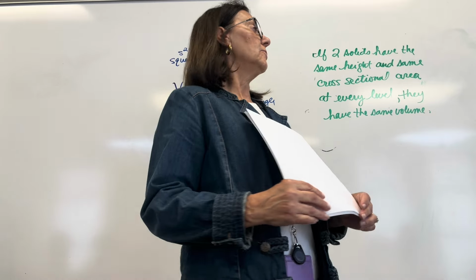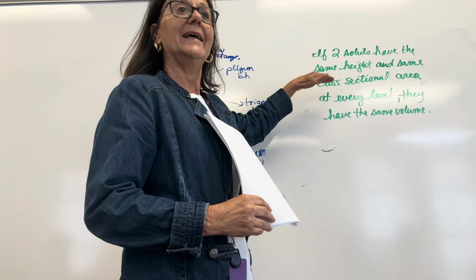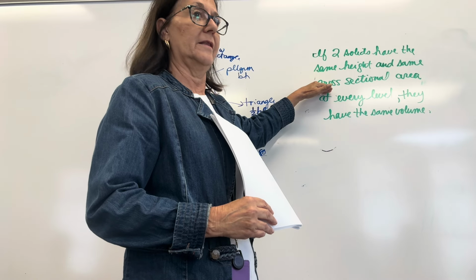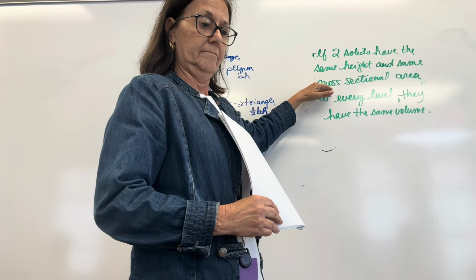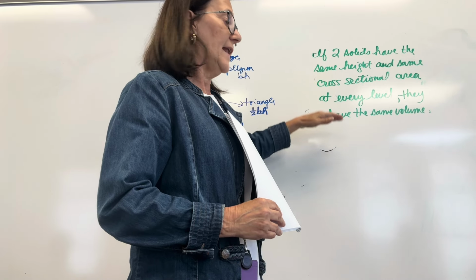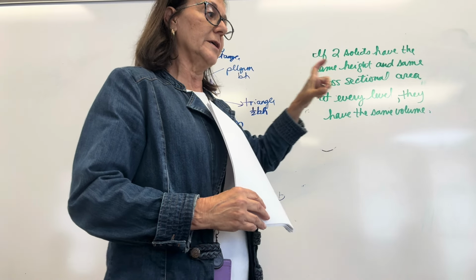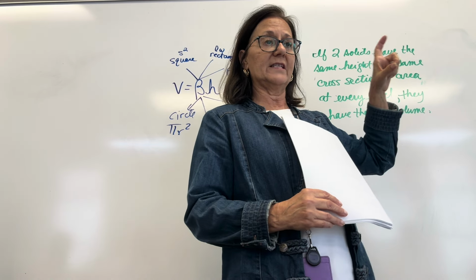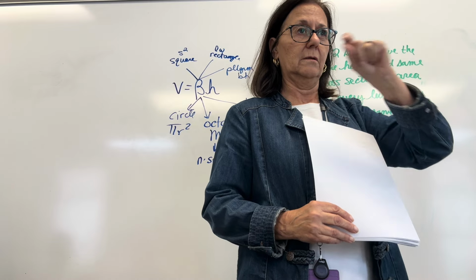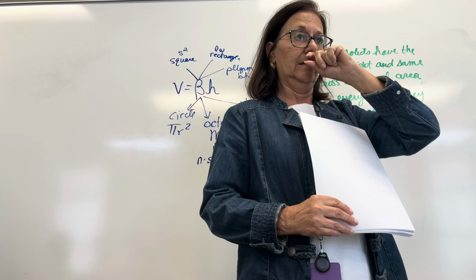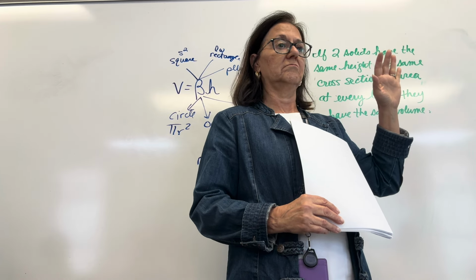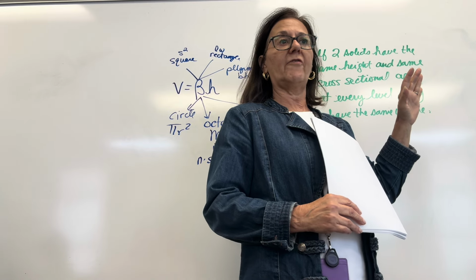You have to be able to intersect it at any place in the prism. So the prism has to have the same shape throughout. But just in general, for any solid, it doesn't matter how far apart the planes are.